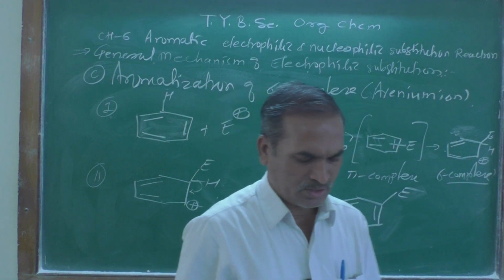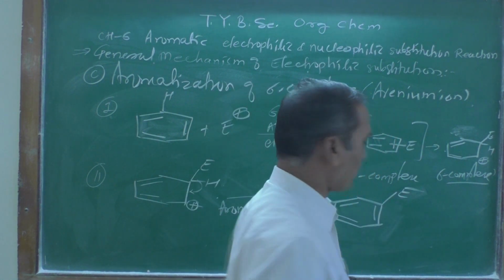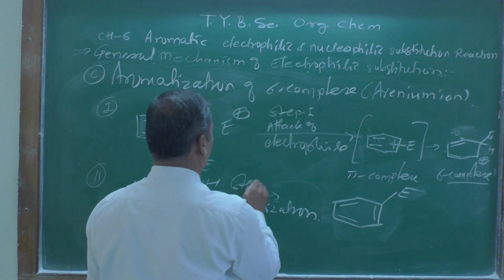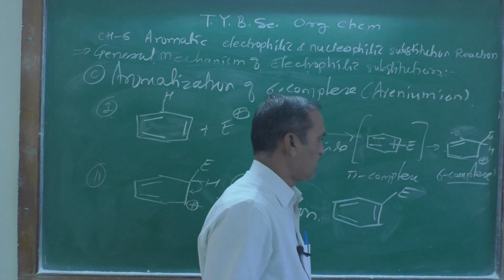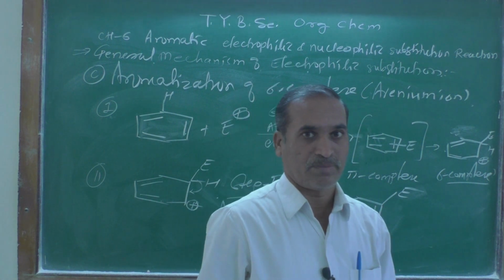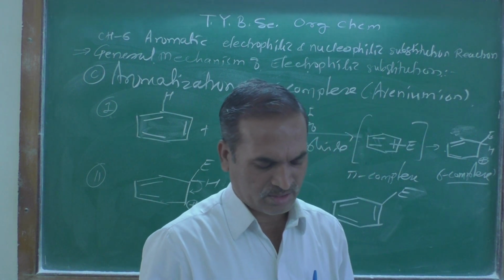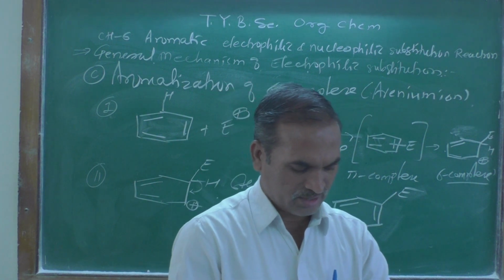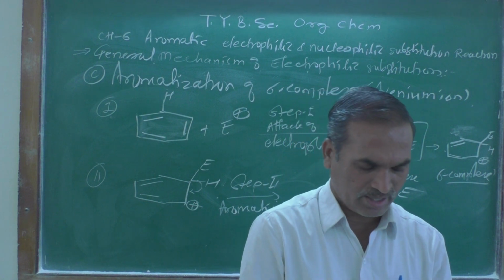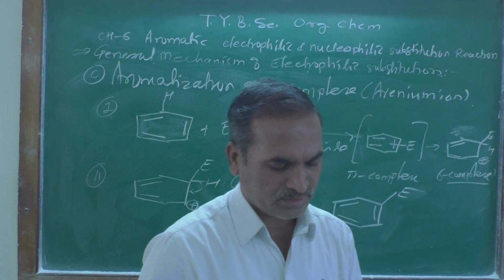So these are the two steps. Step number second is aromatization. Step number first is the formation of the pi complex, which is further converted into another one. So these are the two things happening in this case.